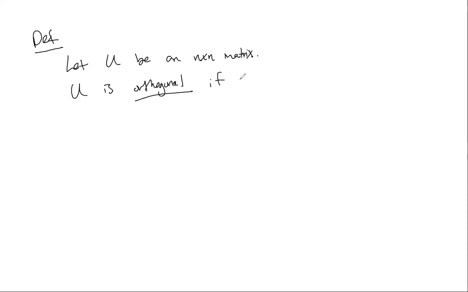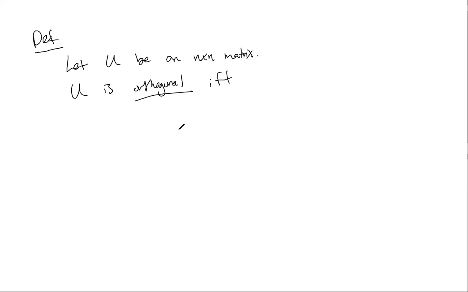Okay, so let's just start with a definition. That's a good way to start with any new concept. So we let U be an n by n matrix. We say that U is orthogonal if, and only if, what is the definition of an orthogonal matrix?